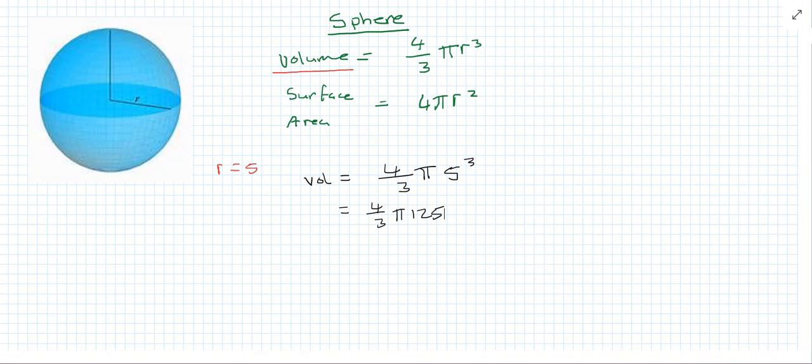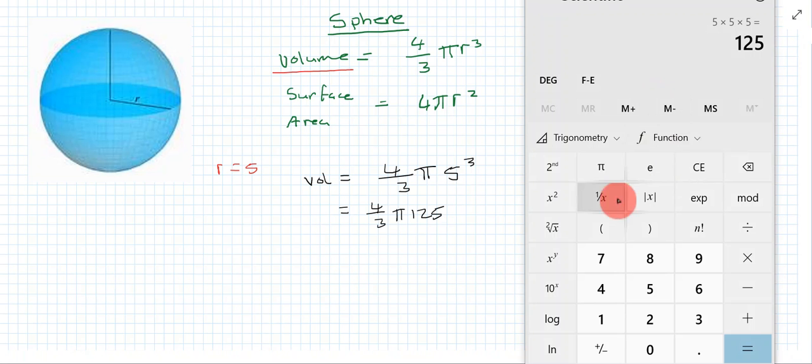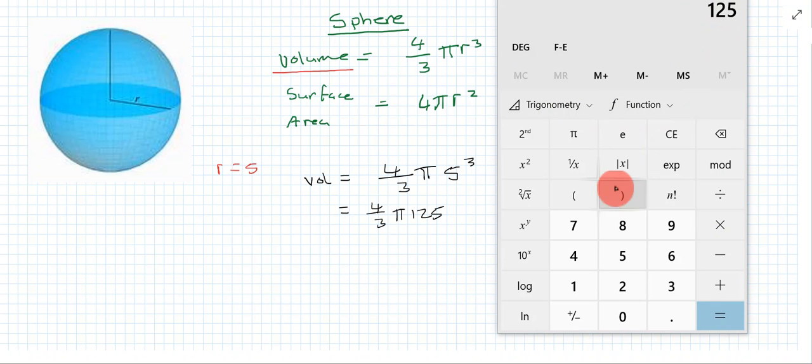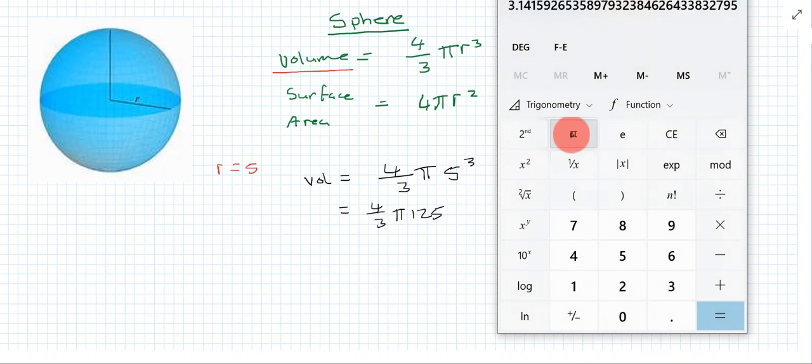So 4 over 3, so we get our calculator. 125 multiplied by pi, that's equal to that, and then multiply that by the fraction 4 over 3.